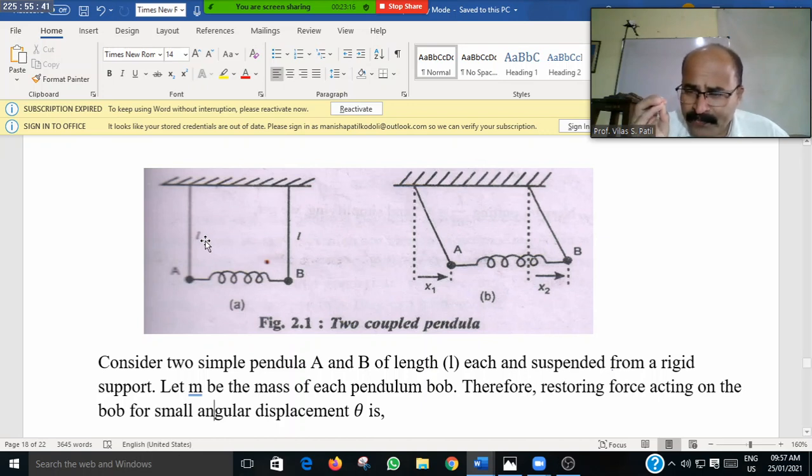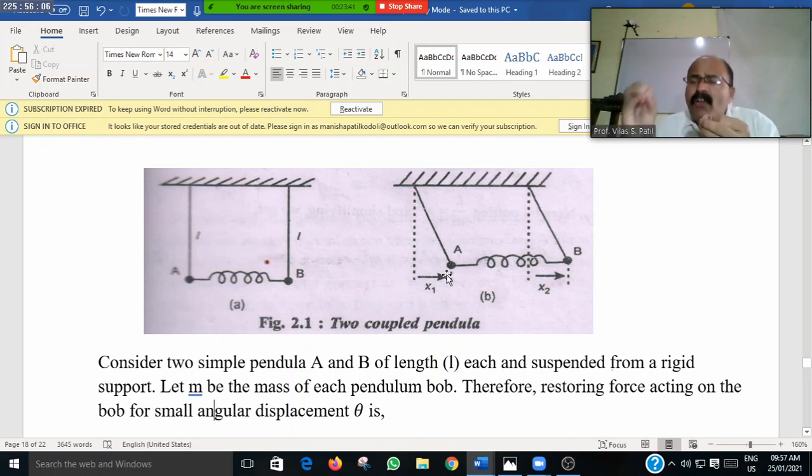In between, spring is connected to transfer the energy from 1 to 2 or from A to B or vice versa. Here, if we apply the external force to one of the pendula, then consider that pendula A will be displaced for the displacement x1.